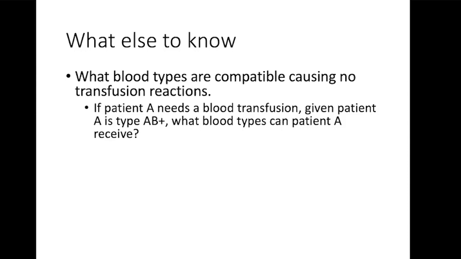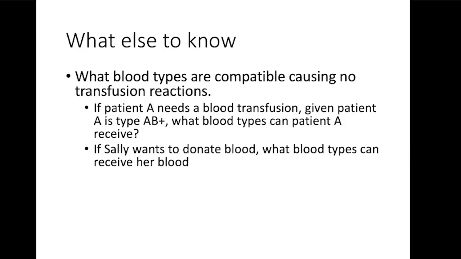What type of blood then can they receive? For example, if patient A needs a blood transfusion, given patient A is type AB positive, what blood types can patient A receive? Or I could also ask you something such as, if Sally wants to donate blood, what blood types can receive her blood?